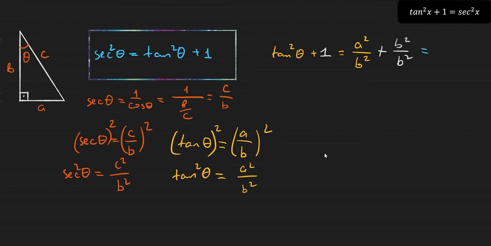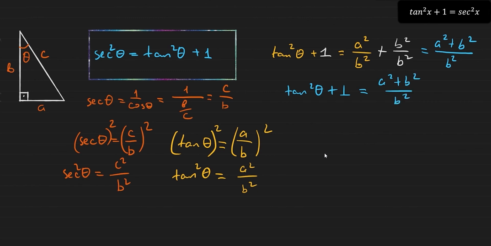So the denominators are the same, so we can leave the denominator as B squared. Since the denominators are the same, we're just going to add the numerators, which is A squared plus B squared. So we get that tangent theta squared plus 1 equals A squared plus B squared over B squared.